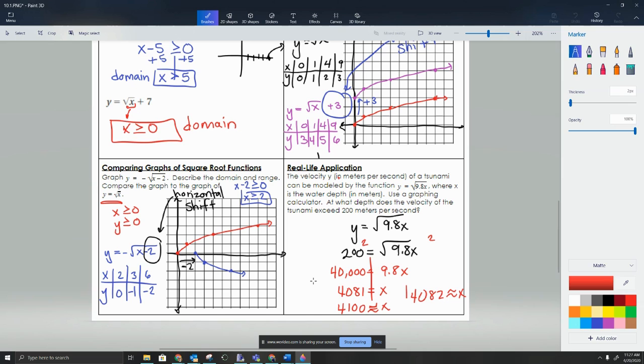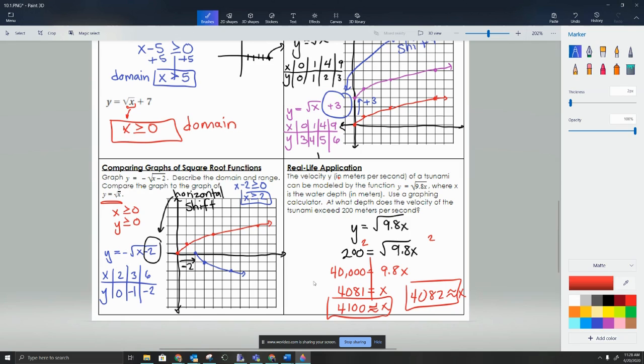So either one of these answers, depending what they ask you for, would be approximate, valid answers. And that's basically the water depth when the tsunami exceeds 200 meters per second. So all we did was plug in y, solve for x, and then we just rounded it up a little higher, and that gives us an approximate answer.